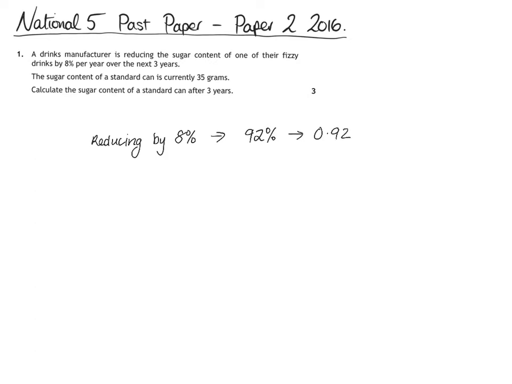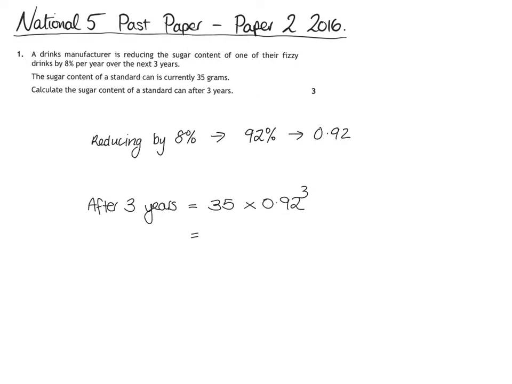So to find out our value after 3 years, it's going to be our original value, so 35 times the 0.92, and then our percentage as the decimal is put to the power of however many years it is. So because it's 3 years, it's to the power of 3.